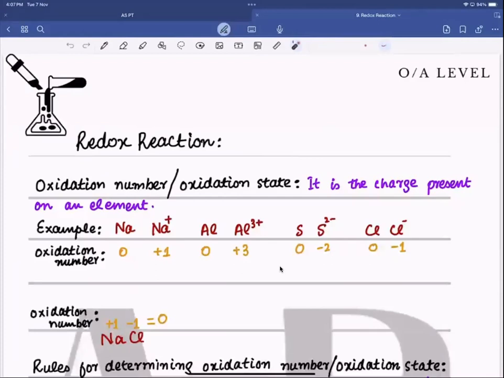How are you? Your good name? Sayyid? Rohelen. Okay. We have started redox reaction today. So if you have a notebook, just note it down. I will explain it.